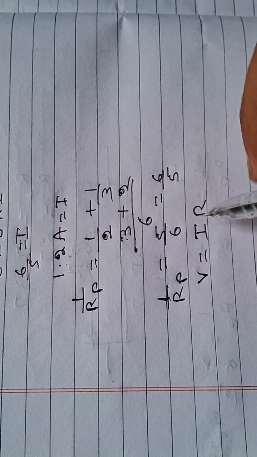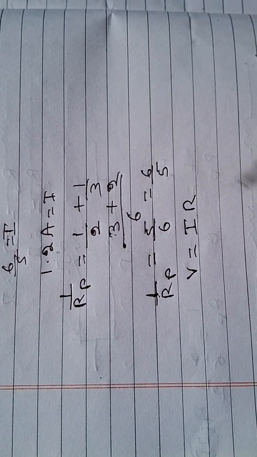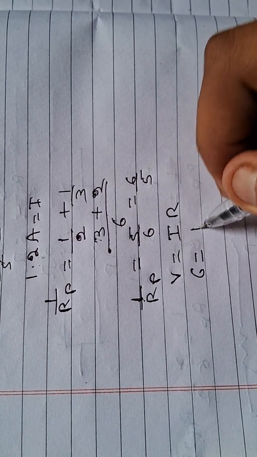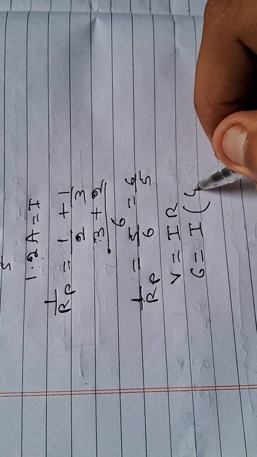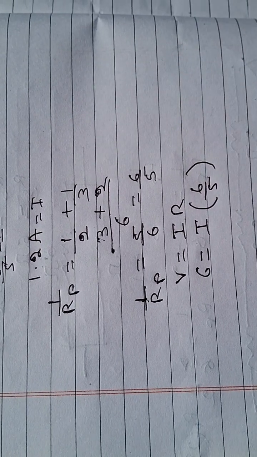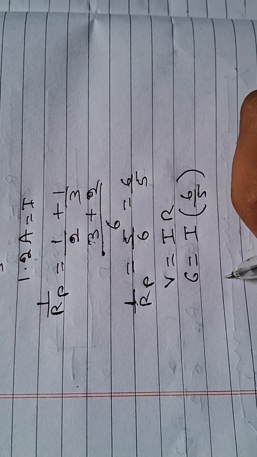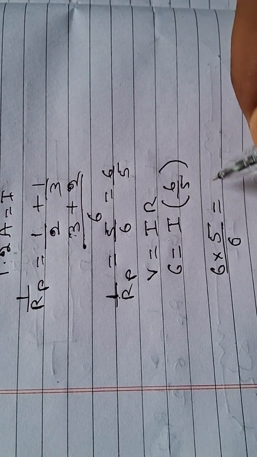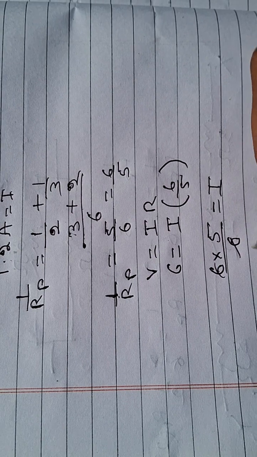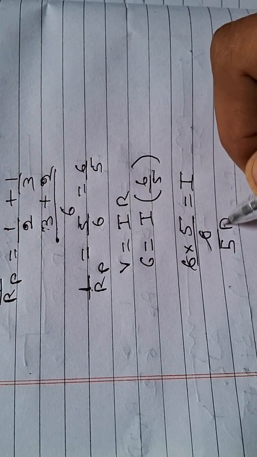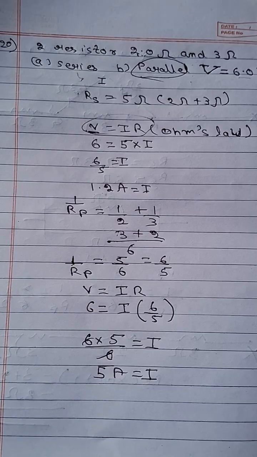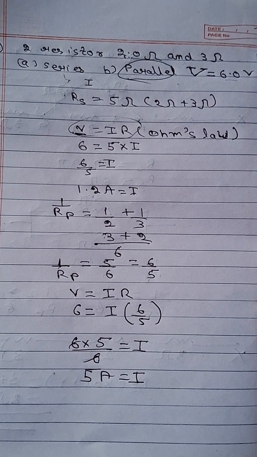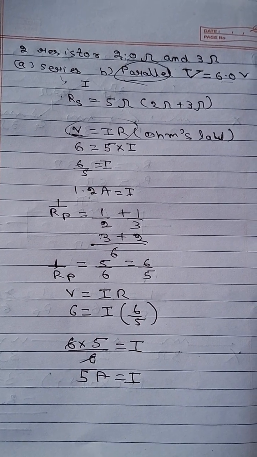IR. Now you have R, V is 6 volts. How much is I? We don't know, we have to calculate. We have got R as 6 by 5. So we will evaluate it. 5 ampere is your I. Guys, it is a very simple question, but if you want to take the screenshot, you can take it. I have explained it in a very easy way.